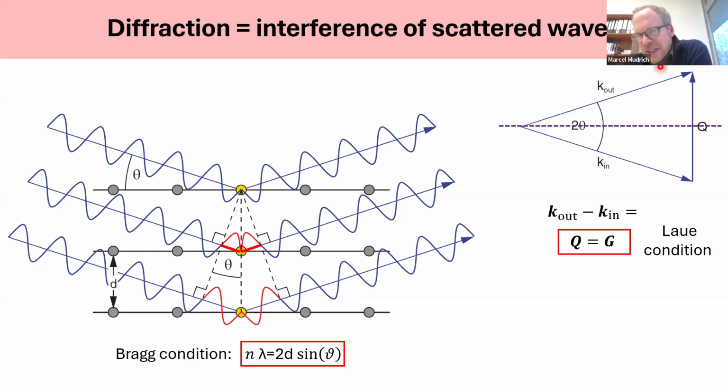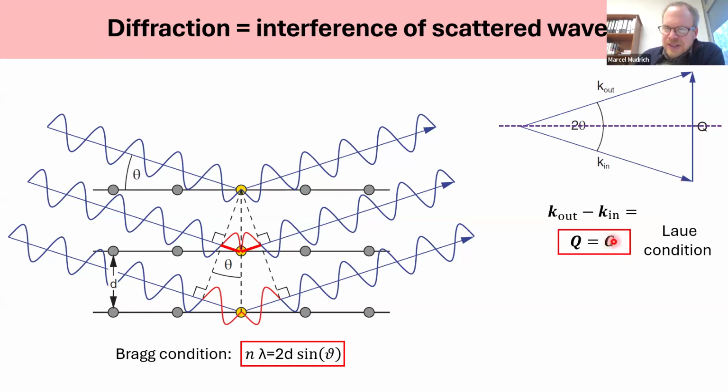This is about elastic scattering, so the length of the vectors should be the same, and the connecting vector, the difference k_out minus k_in, is called the Q vector, or the momentum transfer vector. In this picture, there is a famous condition for constructive interference, the Laue condition. It tells us that the difference vector, the Q vector, has to equal a reciprocal lattice vector.